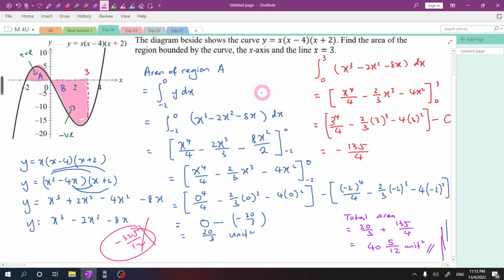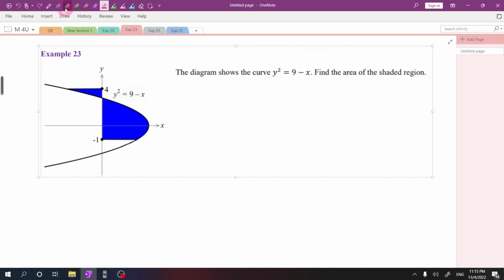Okay, now let's look at another example. The diagram shows a curve y squared is equal to 9 minus x. Find the area of the shaded region. Again, one is left hand side of the y-axis, another one is right hand side of the y-axis.